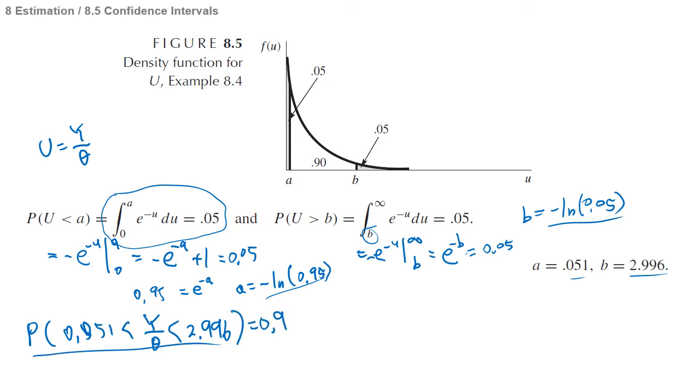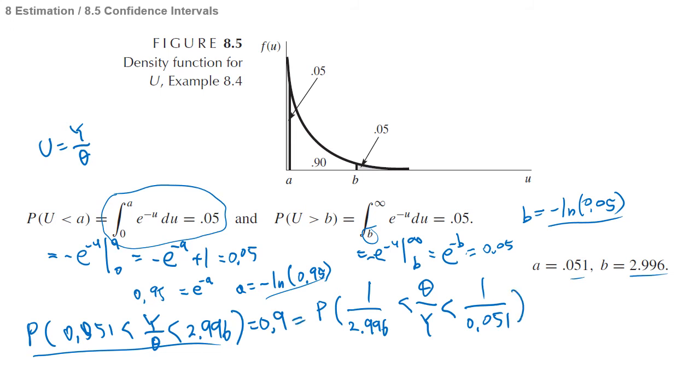Actually, we can re-express this firstly as theta over y, which is between 1 over 2.996 and 1 over 0.051.